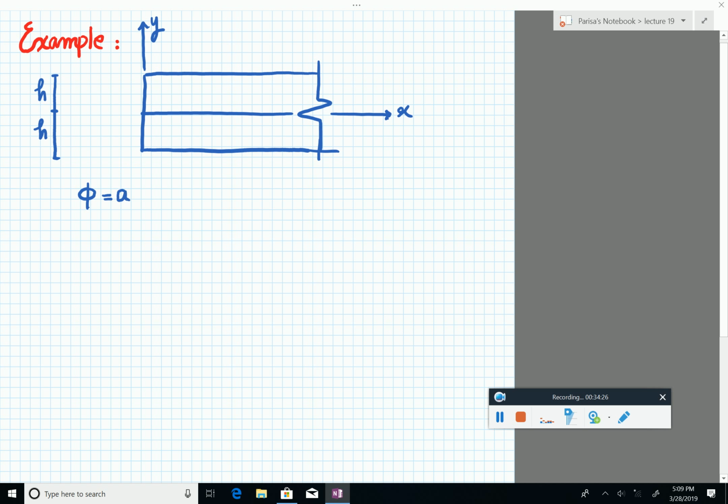If a and b are constants, is e to the power of minus bx over h, and then times c cosine by over h plus d sine by over h.